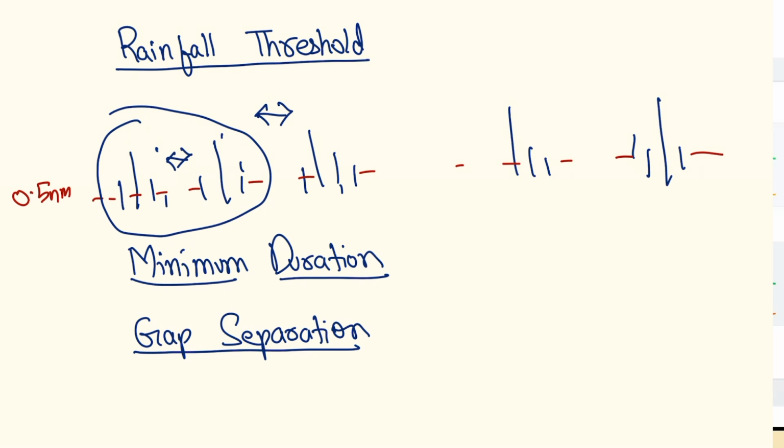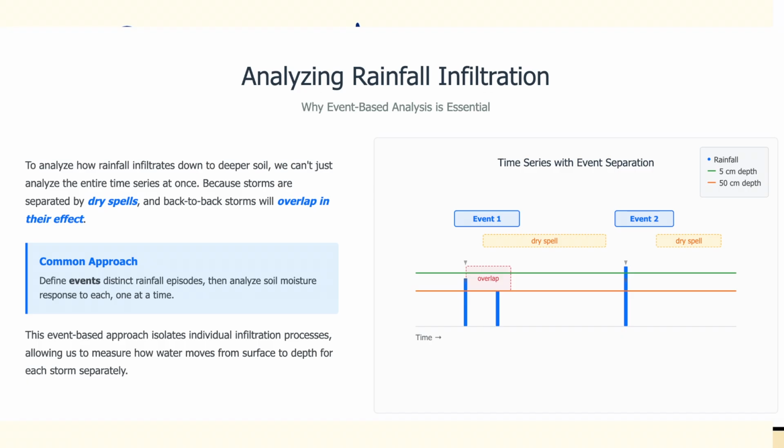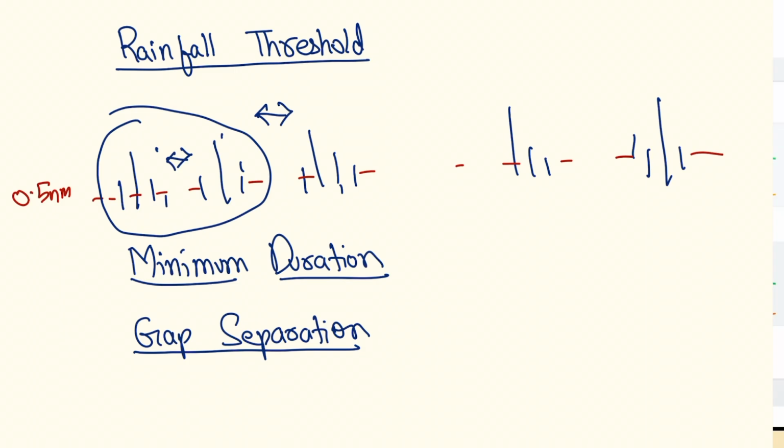And also the gap, we have to define a gap scientifically. For example, to split events, let's say we require a rain-free gap. If the rain resumes immediately, before that definition of a gap, we should merge those two events into a single event.